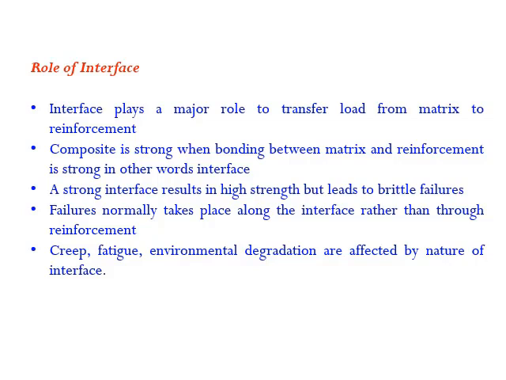So one should be careful while choosing the matrix and the reinforcement material, and the interface which is going to be formed when we select these materials. Now, when it comes to the advantages, compared with normal metals, non-metals and alloys, what advantages are we going to get?